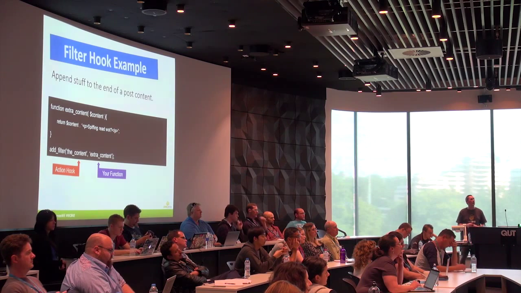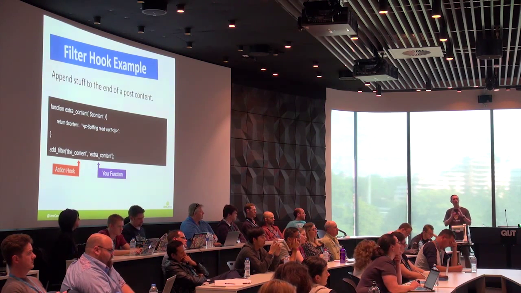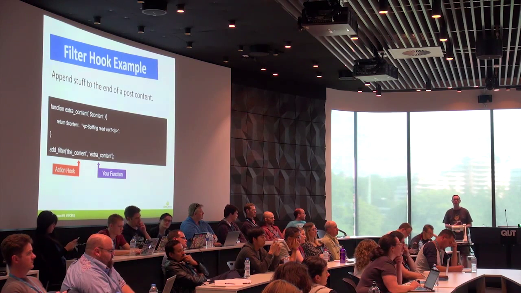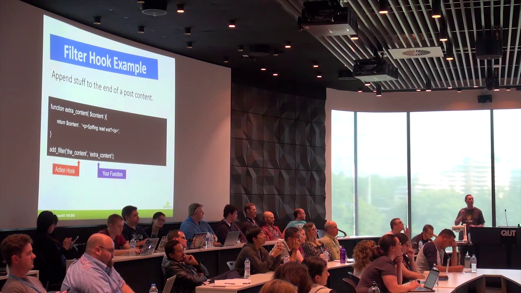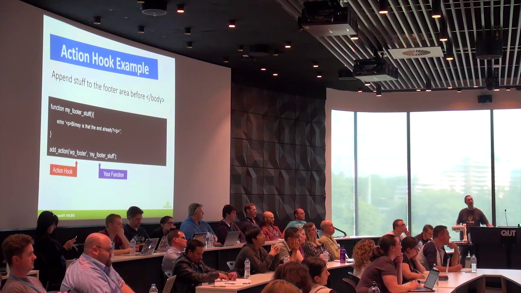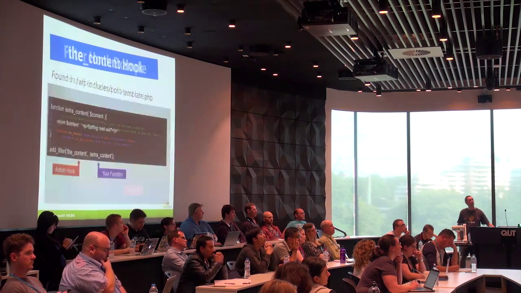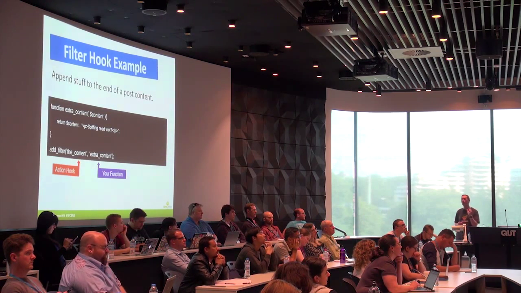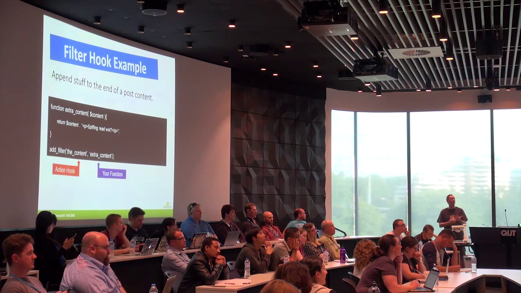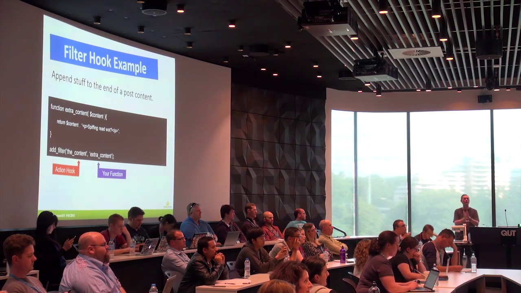It's very simple, except this time, because we're using a filter and changing something, we need something to change. So more often than not, filters come with a parameter, which you didn't have in the action hook. See, the function was blank before. So this time, we've got $content. And WordPress provides filters with something to change. And in this one, it's $content, which is the content of the editor window.